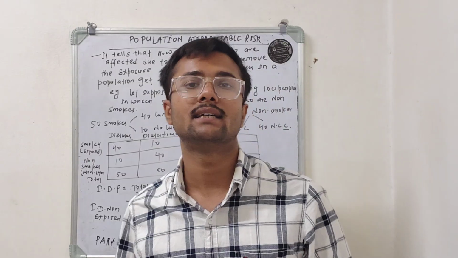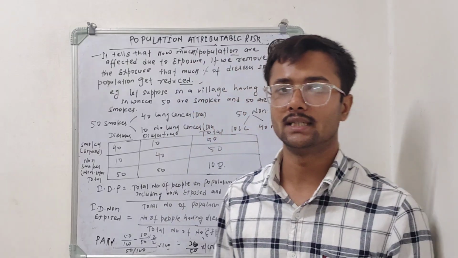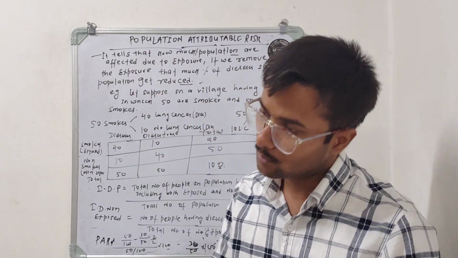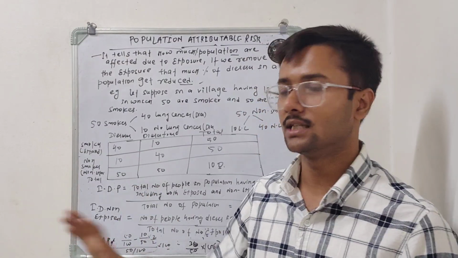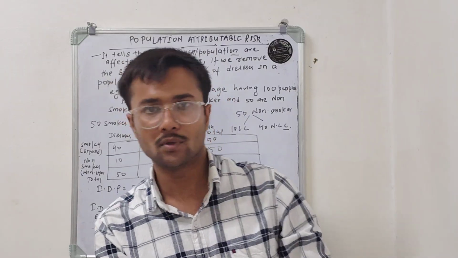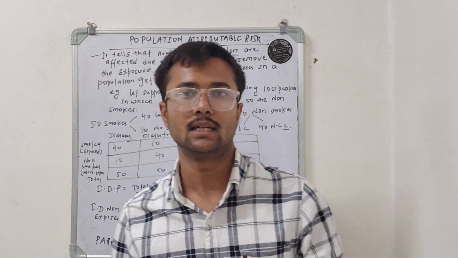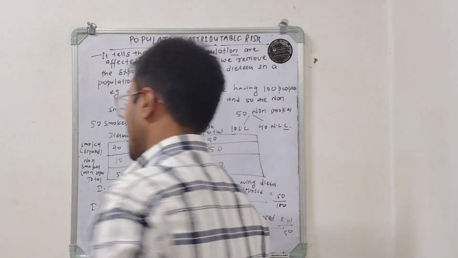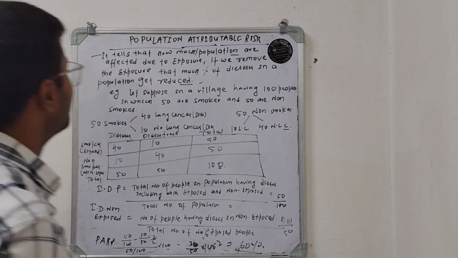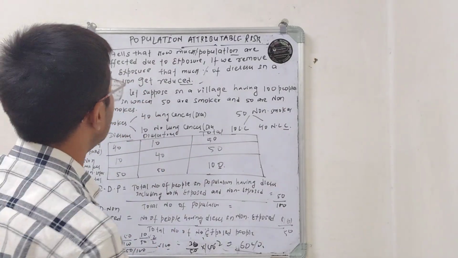Let's take another example. Suppose in a city lead poisoning affected 16% of the population. If I remove this lead poisoning, then those 16% of people become disease free, so the chances of disease in the population are reduced. In this board, you can see population attributable risk.